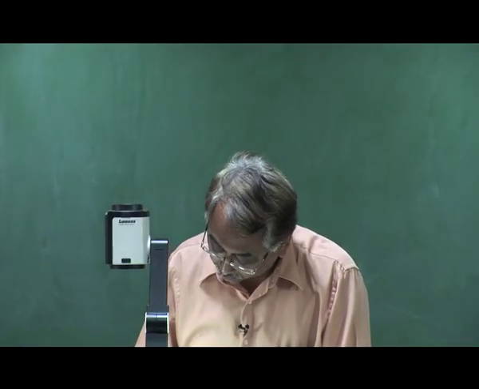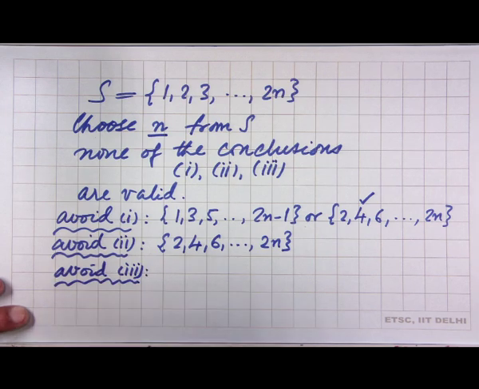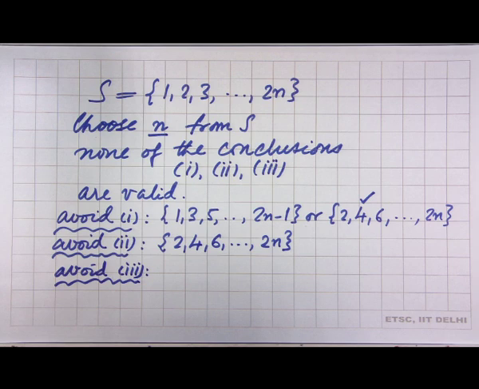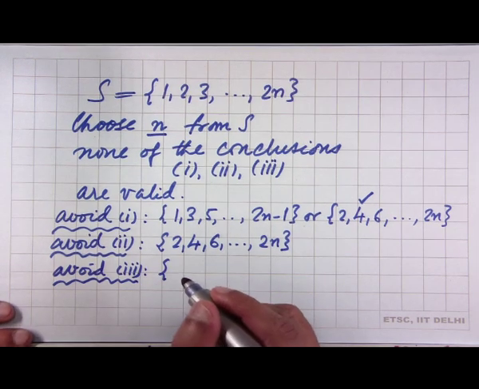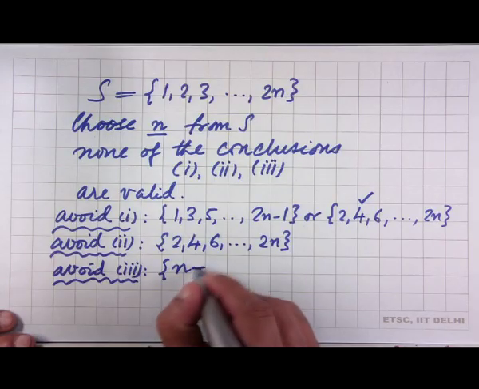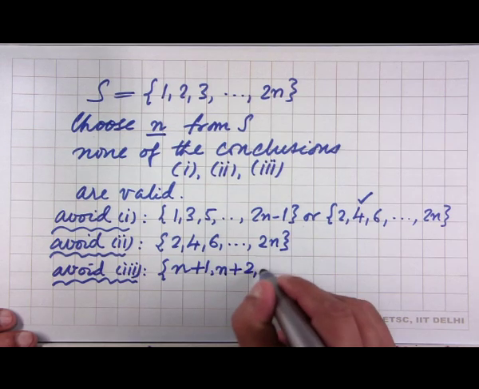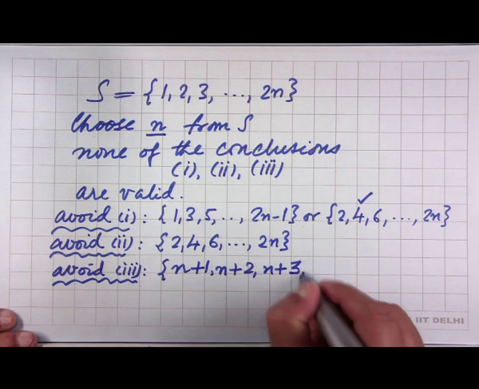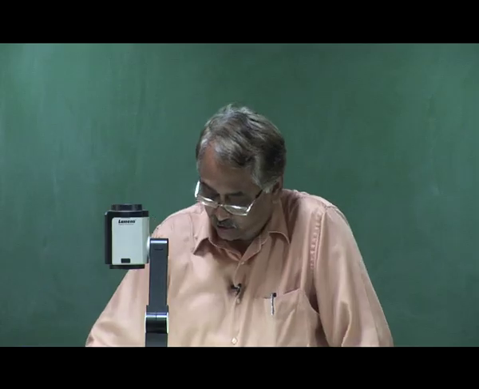What about avoiding 3? Avoiding 3 is also not very tricky to come up with. Here the conclusion was that I must pick 2 so that one would divide the other. So if you take the smallest one to be fairly large, then there is no scope for a multiple of it to be within the set. In other words, if I picked the smallest one to be n plus 1, and I went on, it's quite clear that any multiple of n plus 1, which is not n plus 1 itself, will exceed 2n.